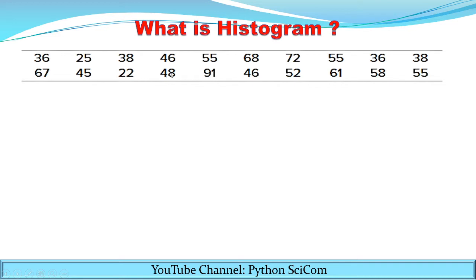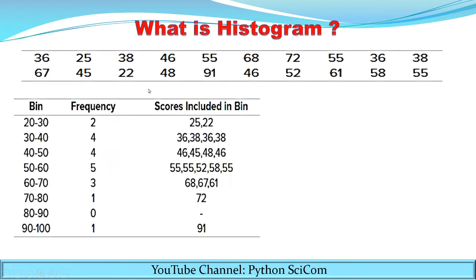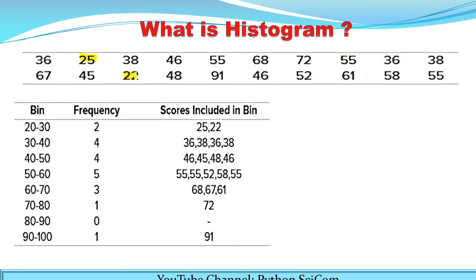अब ये values को हम arrange कर सकते हैं in the form of groups और in the form of range. For example, जैसे आप देख सकते हैं 20 से 30 के बीच में कौन कौन सी values हैं. तो आप देखिए 20 से 30 के बीच में we have 25 and 22.